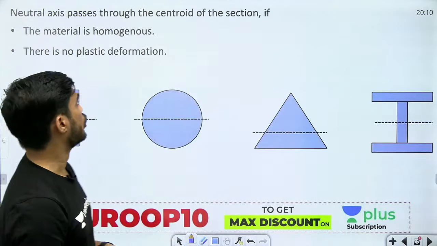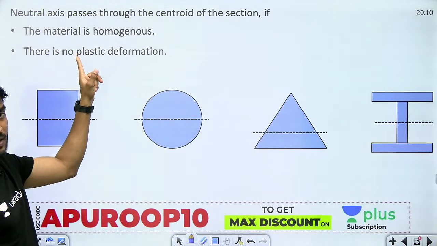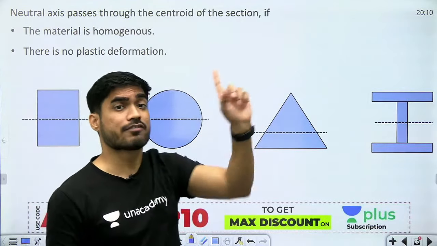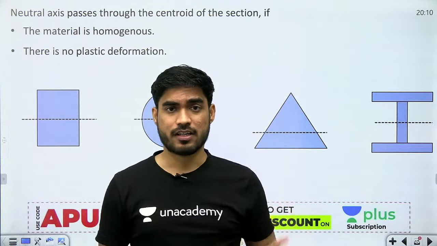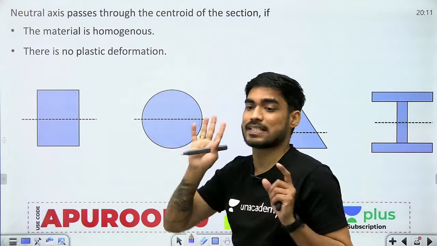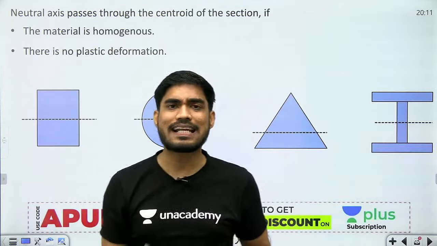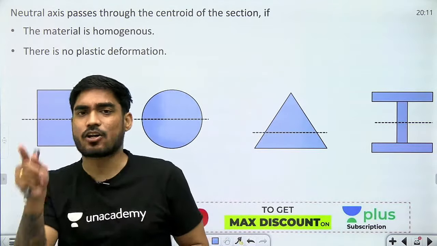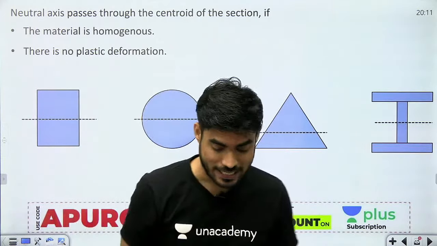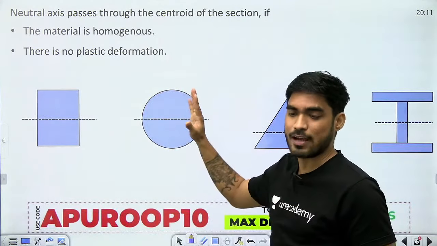Understand beta, neutral axis always passes through the centroid of the section if these two conditions are satisfied. न्यूट्रल एक्सिस जो है वो हमेशा क्रॉस सेक्शन के सेंट्रॉइड से पास होता है अगर ये दो कंडीशन सेटिस्फाई होती हैं.